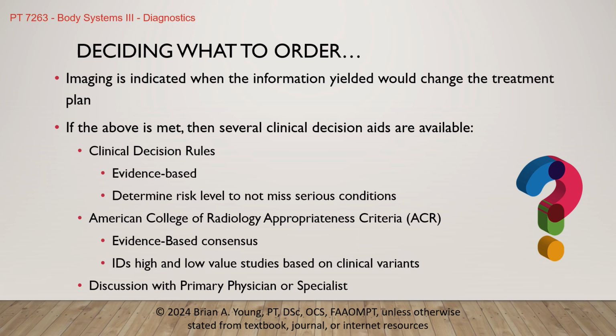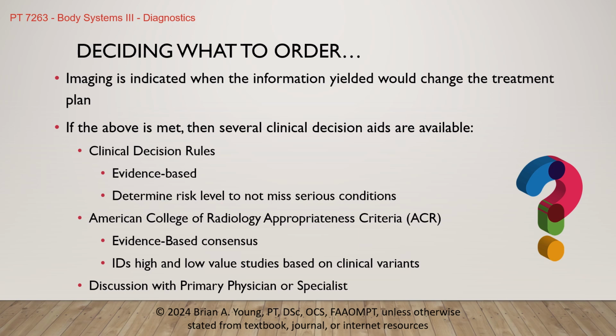The second, and we mentioned it in our first session, is the American College of Radiology appropriateness criteria. These are evidence-based consensus statements from physicians and radiologists applying the evidence, and often many of these decision rules that we just mentioned, to reach an expert consensus opinion about what's the best modality based on certain patient presenting characteristics or findings.